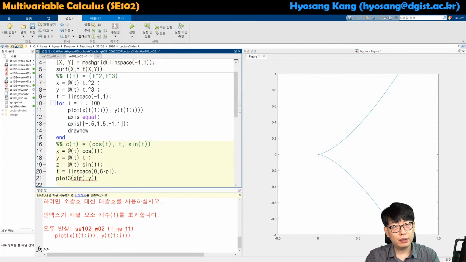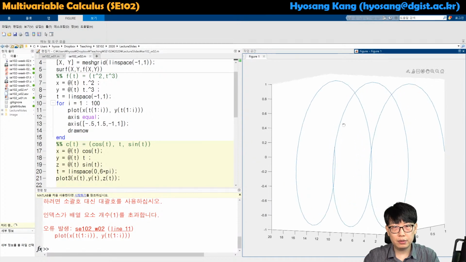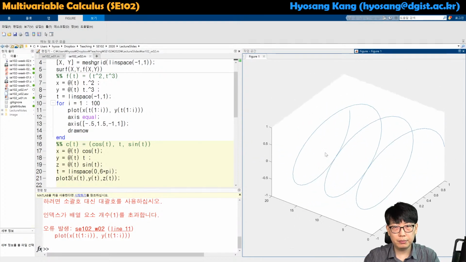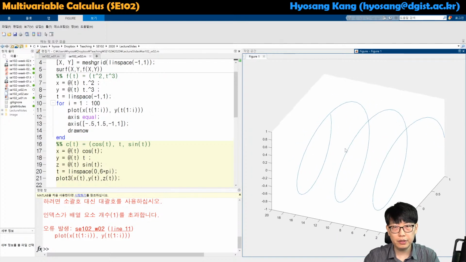So xt, yt, and zt. So this is the picture. It's a spiral. It rotates in the x and z axes, but it moves toward the y direction, right? It's like a spring.